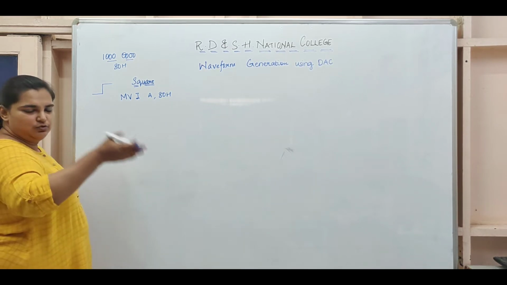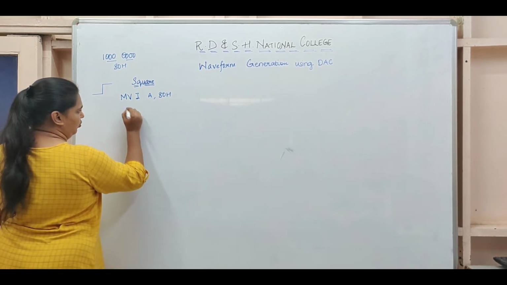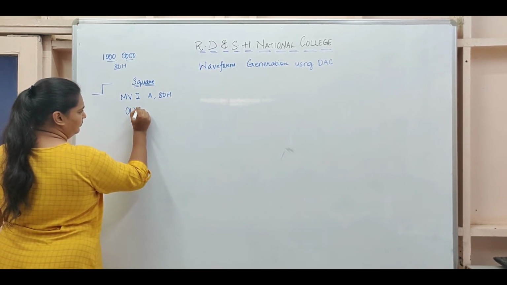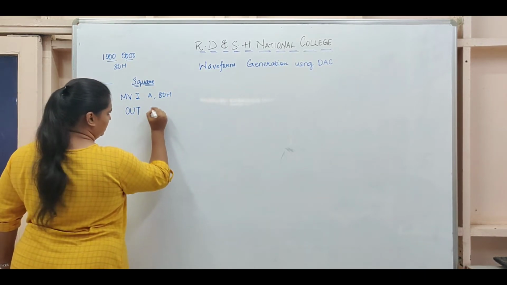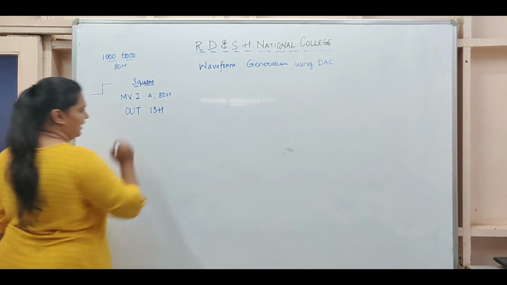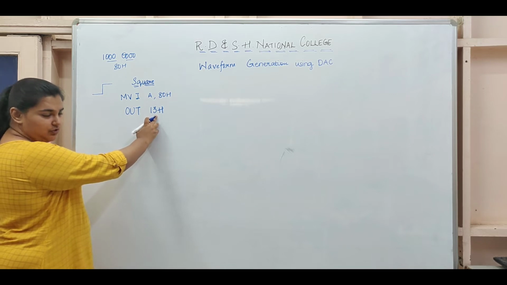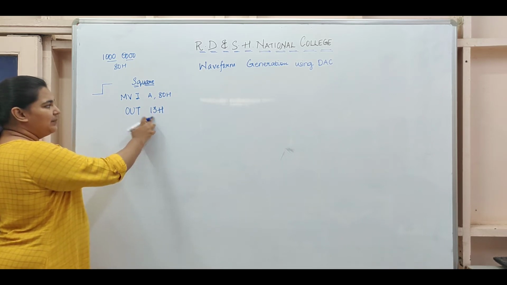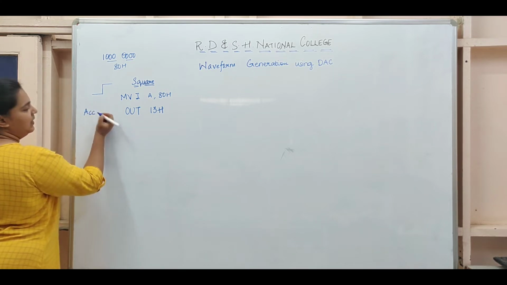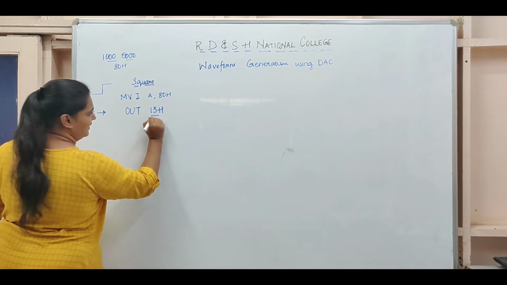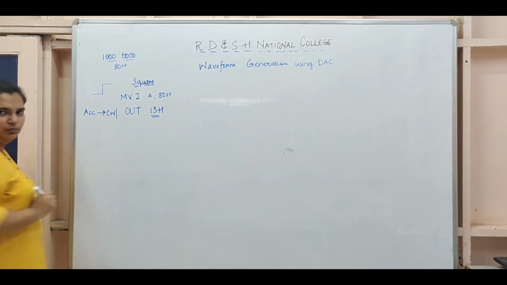So the instruction is OUT, and the address of the control register is 13H. I repeat, 13H is the address of the control register or control word. What happens with OUT is that whatever is in the accumulator goes to the specified address, so in our example, the control word.